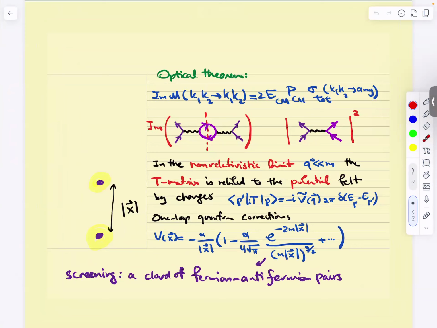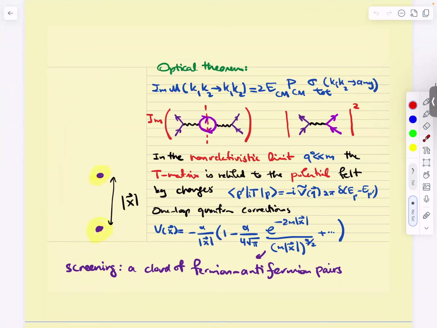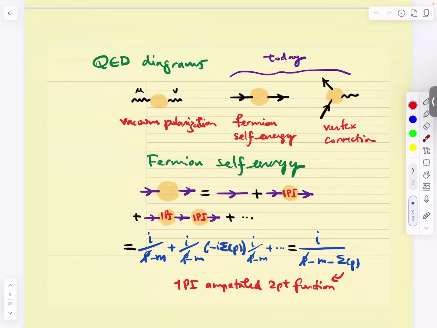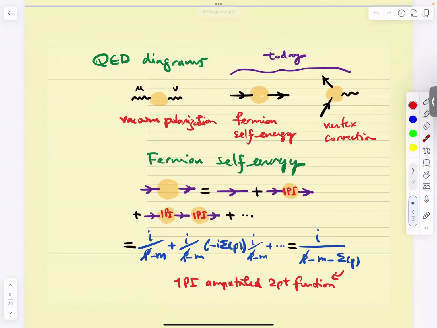All right, any questions about this? So this finishes the calculation of the vacuum polarization and its interpretation. I'm still going to ask again, are there any questions about the interpretation of the vacuum polarization calculation? We have 2 more calculations to do. We'll probably have time to do one of them.